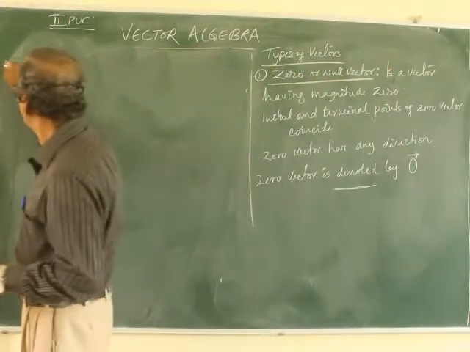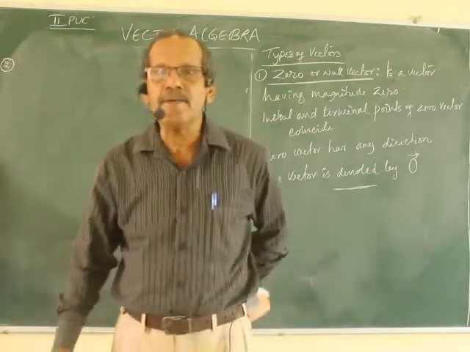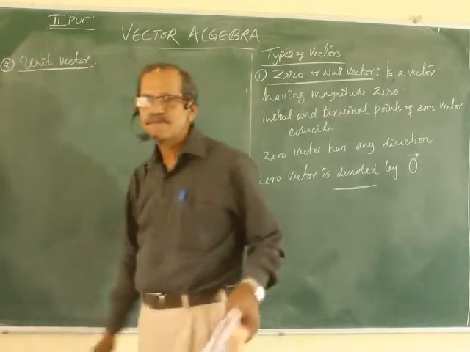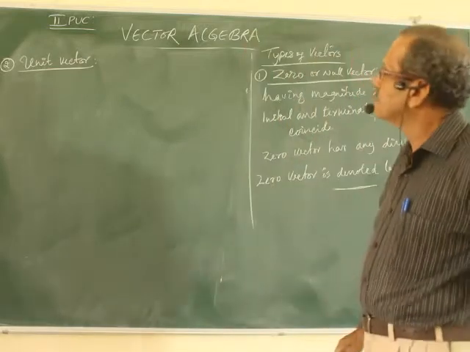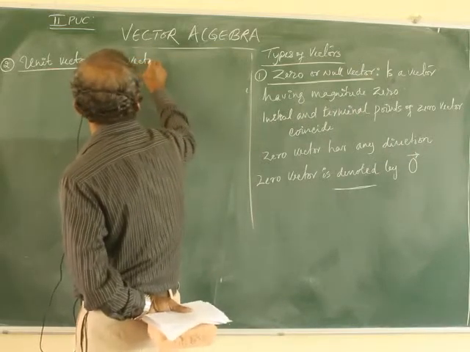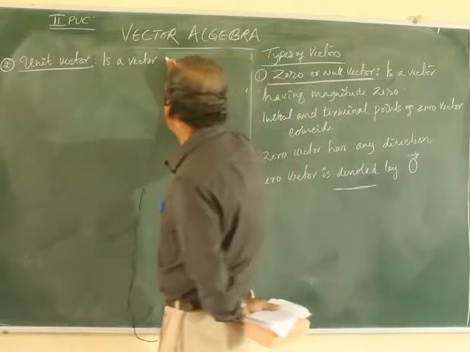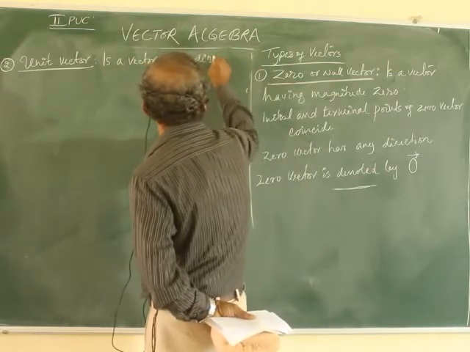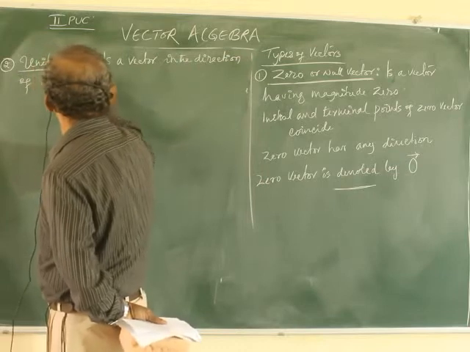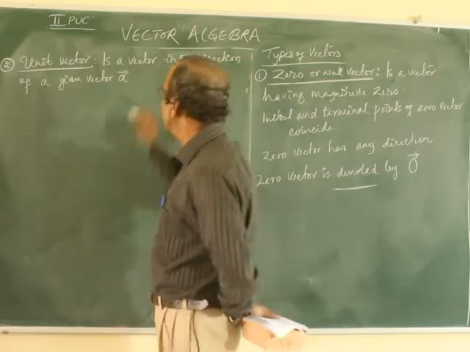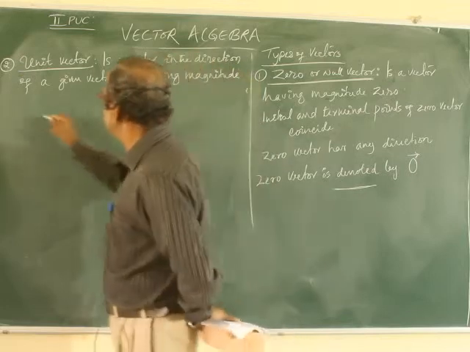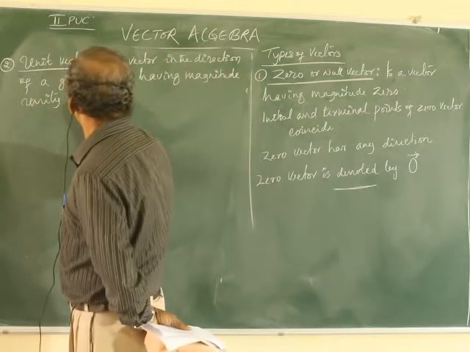Second one is unit vector. Unit vector is a vector in the direction of a given vector A, having magnitude 1, magnitude unity or 1 unit.